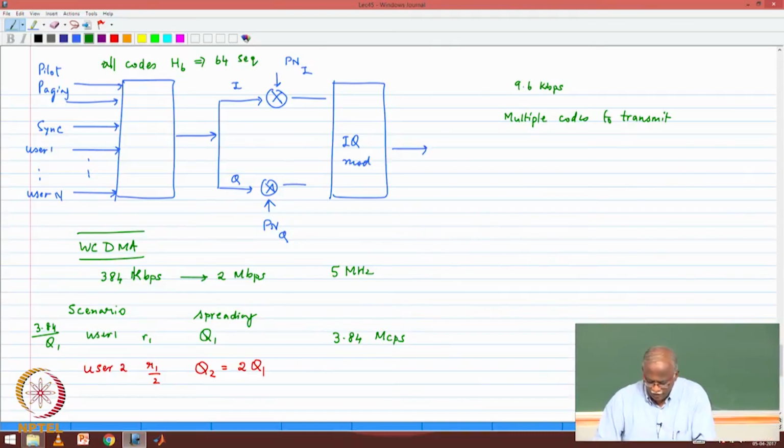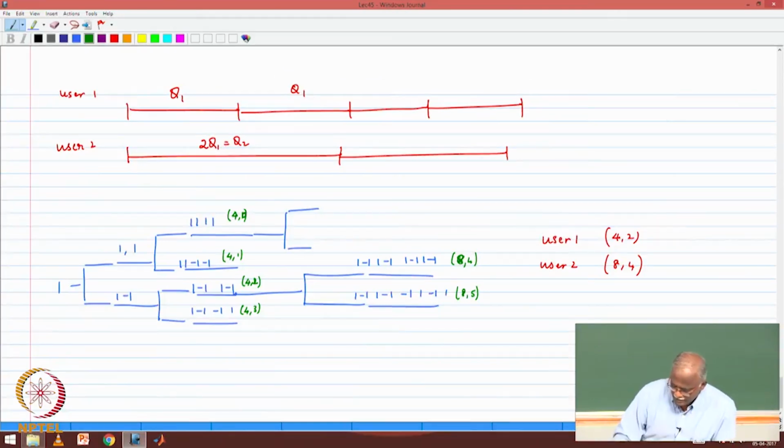Whereas here we are not constrained by the length 64 and there are differences. So, let's quickly build on this and see how to understand this system.